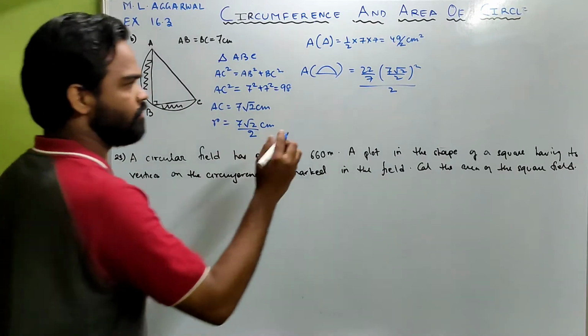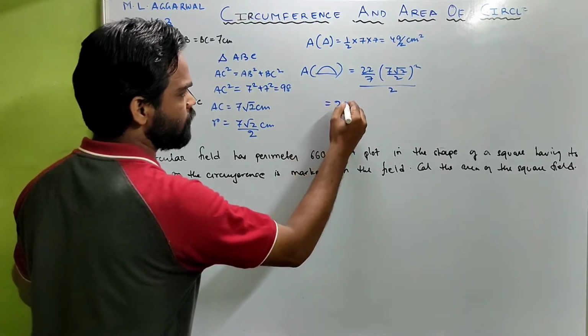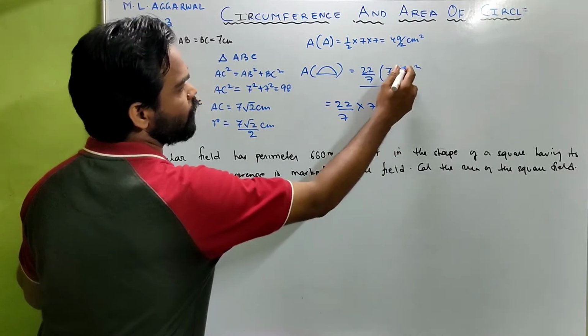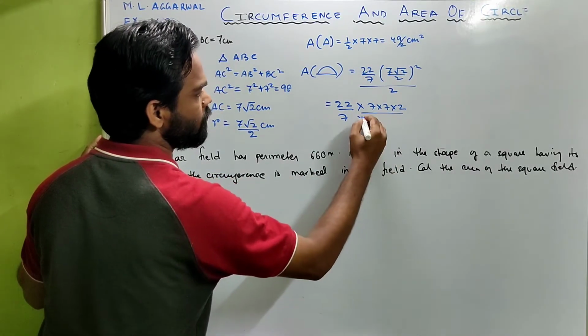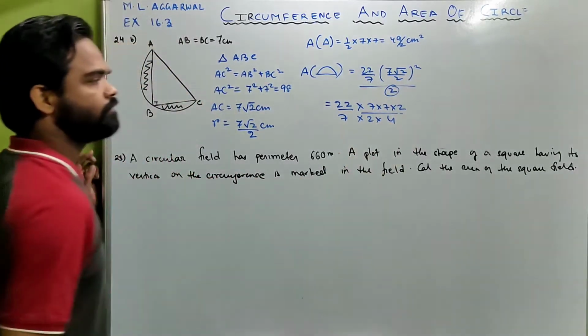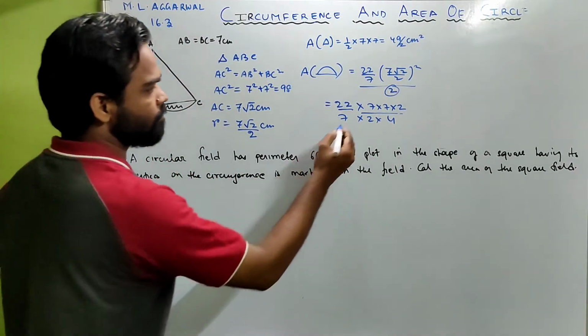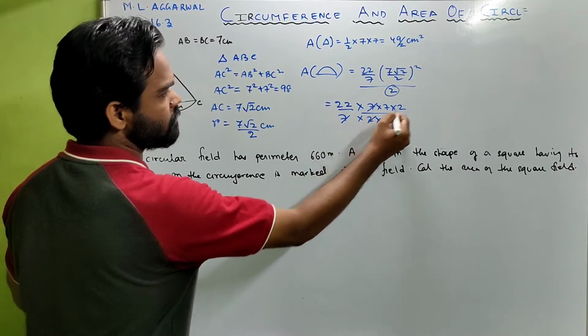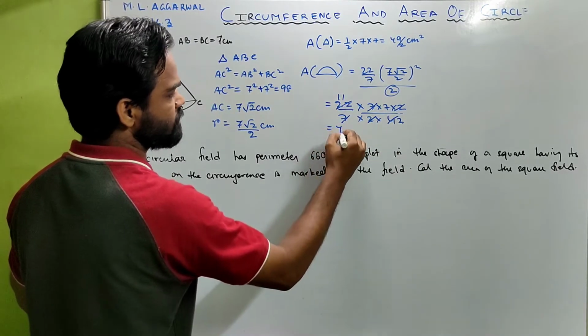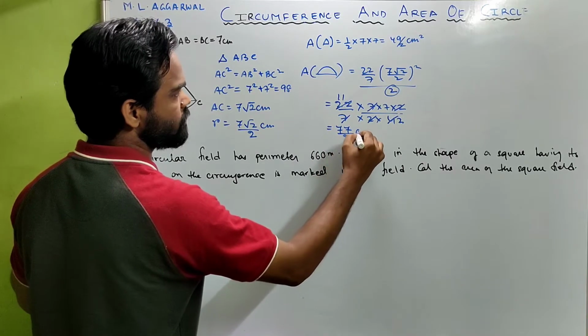When we solve, it comes as 22 by 7 multiplied by 7 into 7. Root 2 square is 2. 2 was already there. And 2 square is 4. Am I clear? 2 times 11 times, that's 77 by 2 centimeter square.